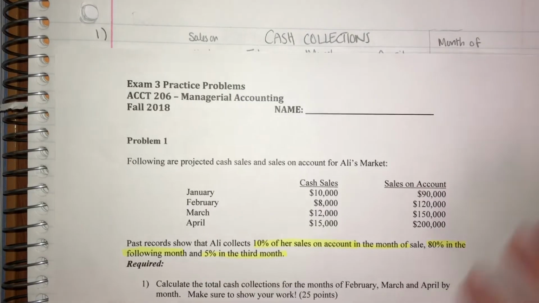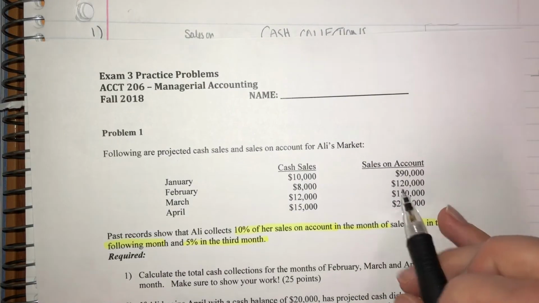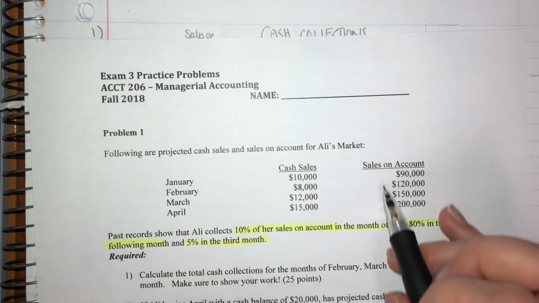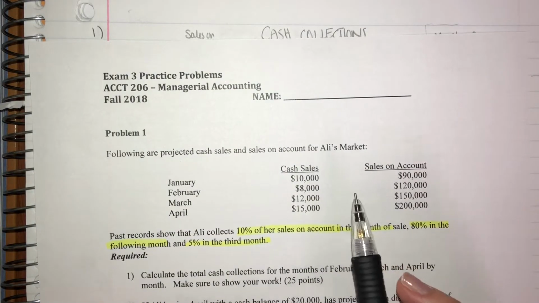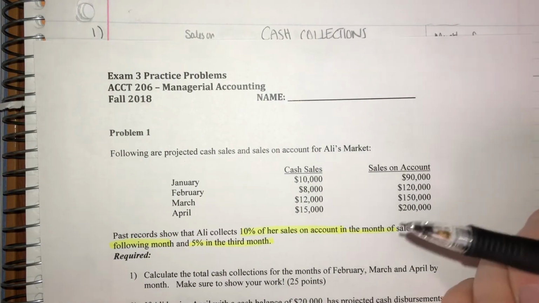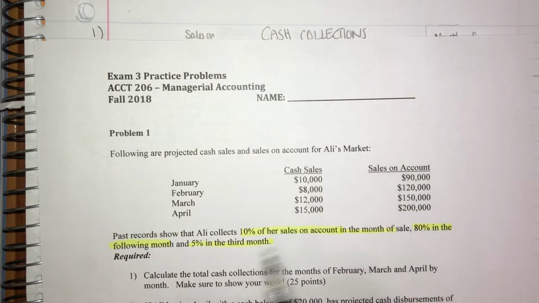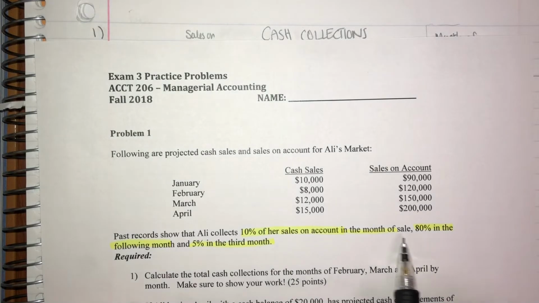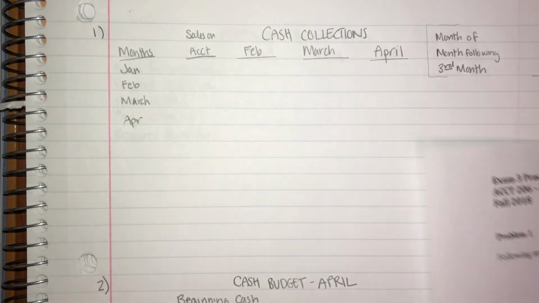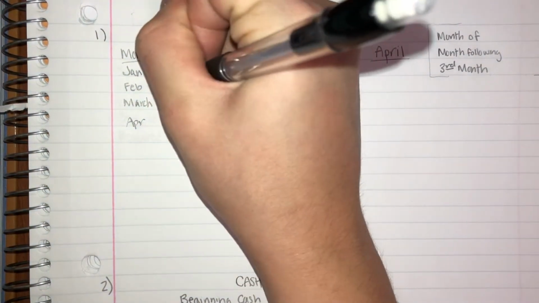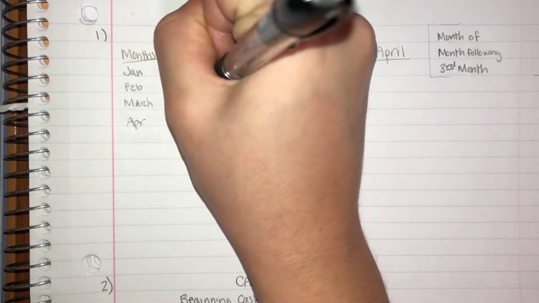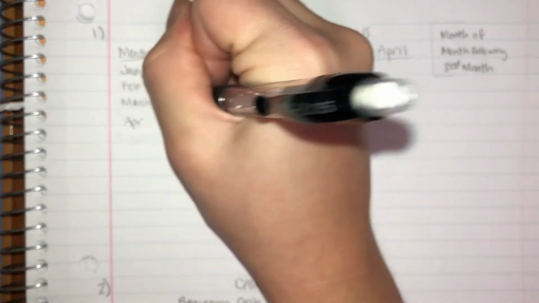I'm going to look to this problem here, and I want to go off the sales on account. I don't want to go off the cash sales, because the cash sales is the cash I'm actually getting right now, where the sales on account is what I'm trying to determine in terms of this 10% per month, the 80% in the following month, and the 5% in the third month. So I'm going to write those numbers right here, and if you need to pause, you can do that.